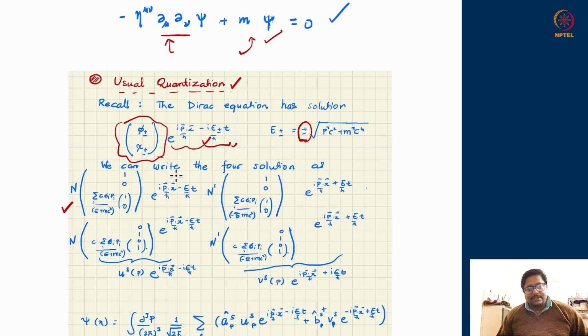So either it can come with one helicity, spin half or spin minus half with the same energy, or spin half or spin minus half with the negative energy or frequency. So we list down both of them. These two, this one and this one, are positive energy or positive frequency solutions. So minus E upon h bar appears in the exponential. So these are positive frequency solutions.